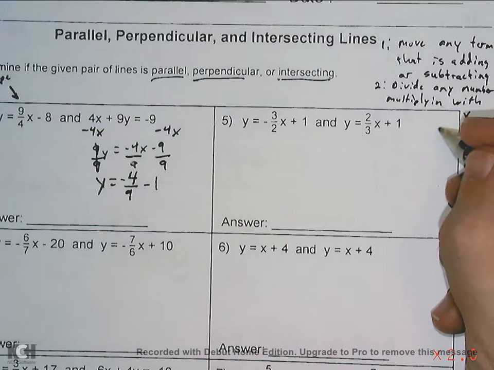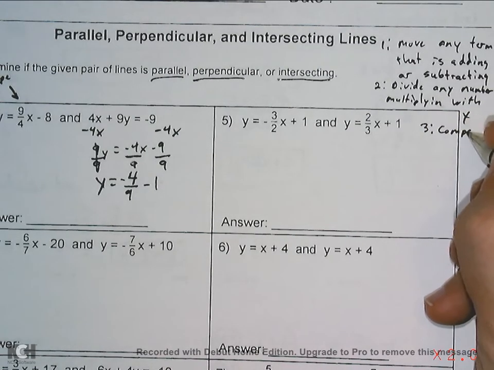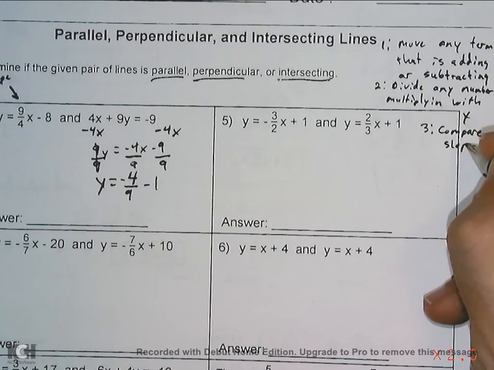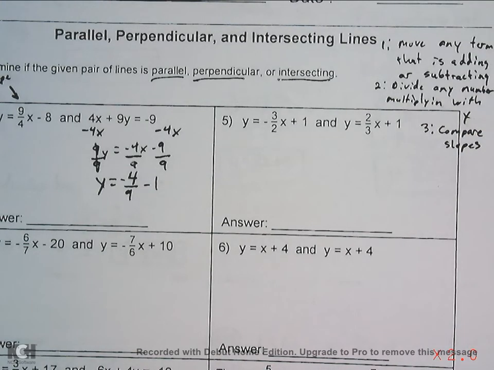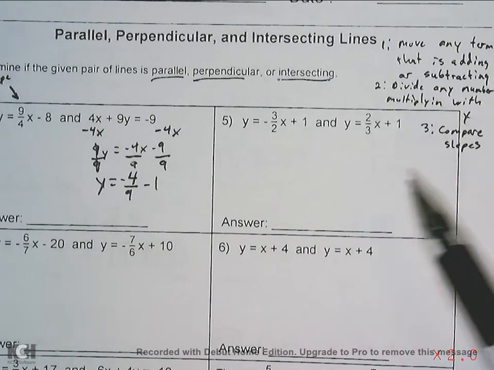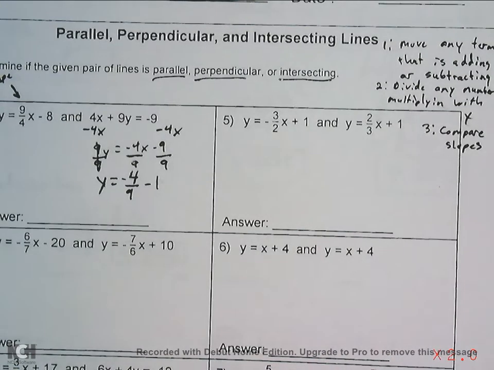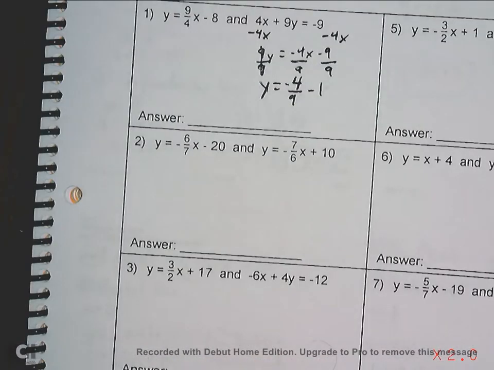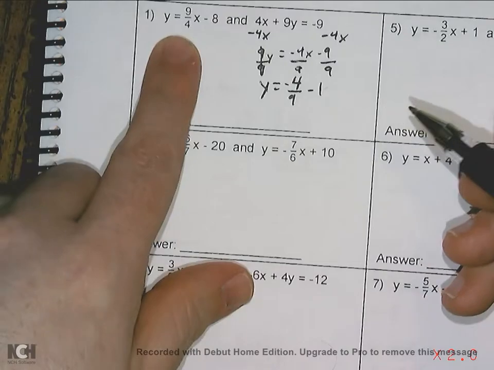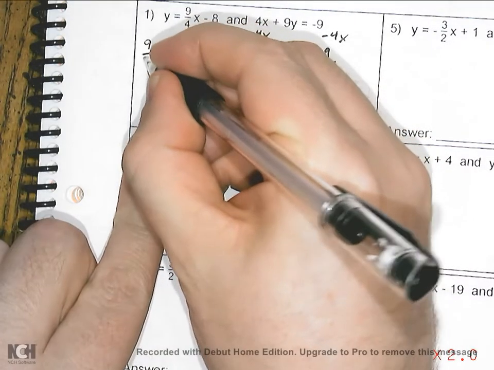The last step, the third step, is to compare slopes. So really, getting it in slope-intercept form should only take 2 steps. Move any term that's adding or subtracting to the y term, and then divide by any number that's multiplying with the y term. And then the last step is to compare the slopes. So my original slope is 9 over 4.